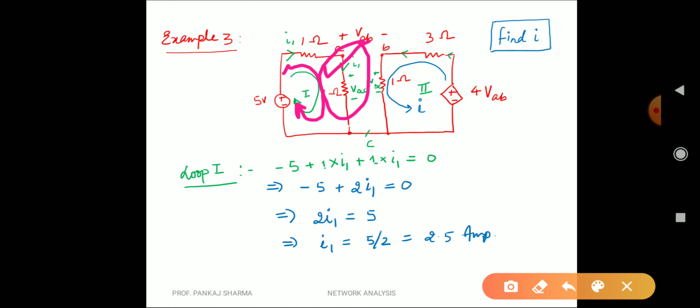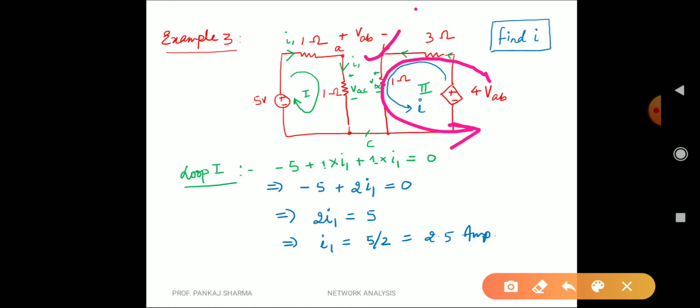See this plus. When it is leaving the resistance, it is minus. So completely it is VAC. And in this direction, in the direction of I, this is your plus terminal, this is your minus terminal. So total is plus minus VBC.